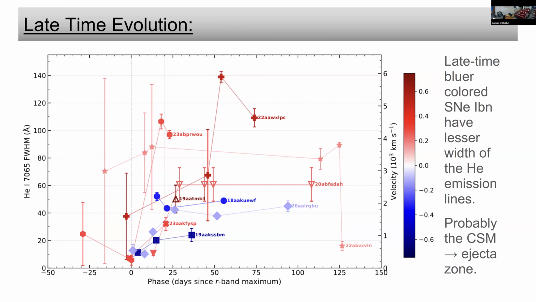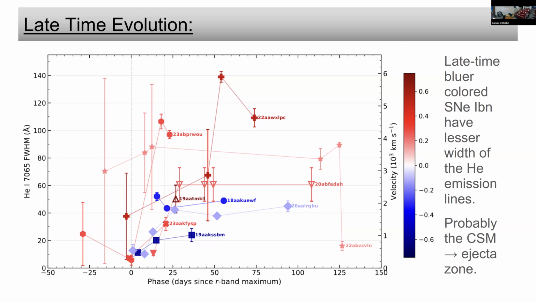Now, we also wanted to see how the late colors behave. This is the helium line velocity evolution. We mapped it with the g-i colors from the synthetic photometry and tried to see if the late colors can show a trend with the helium line velocity evolution.